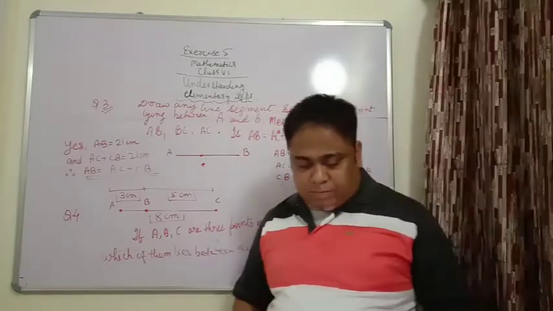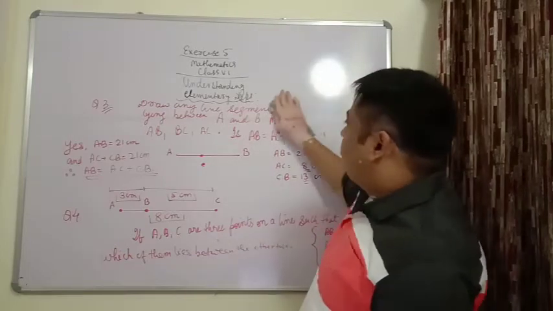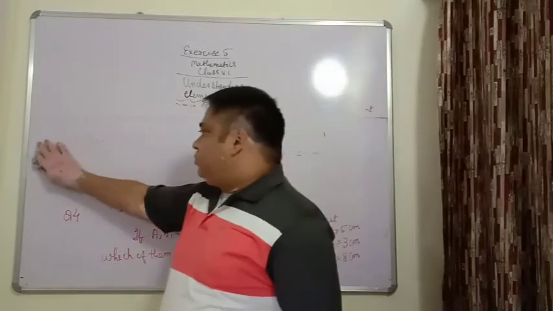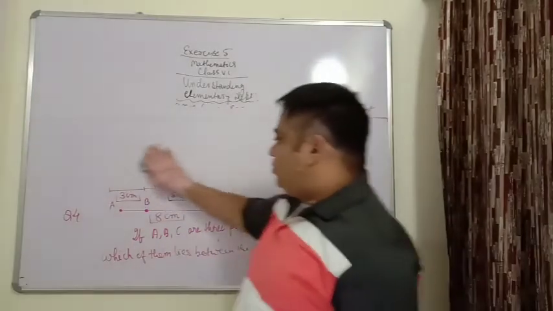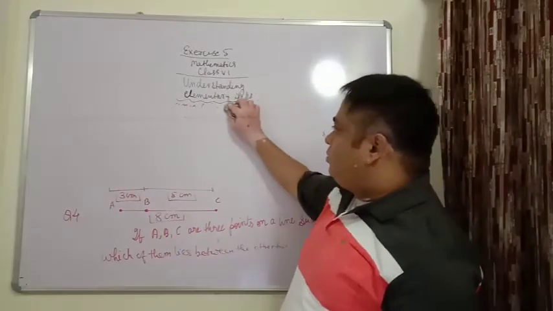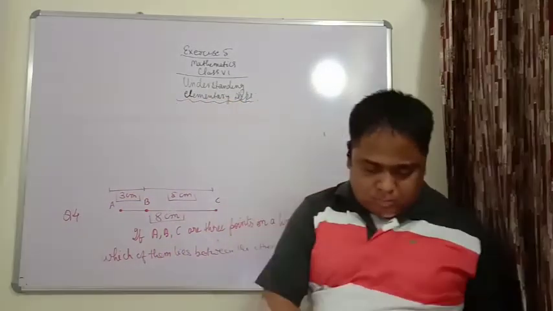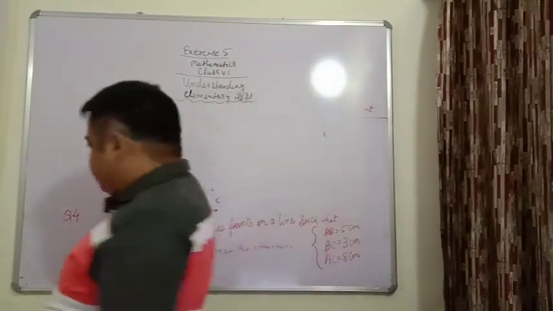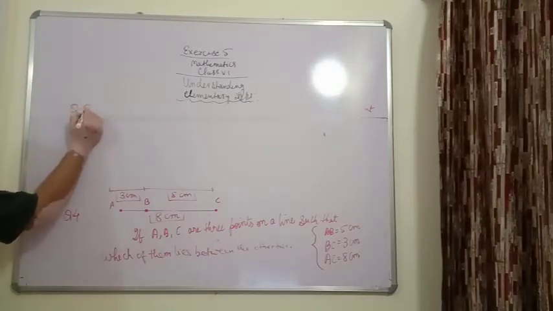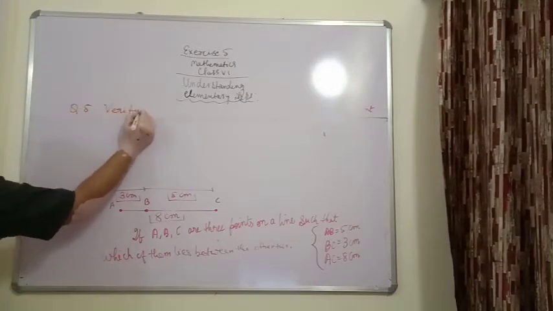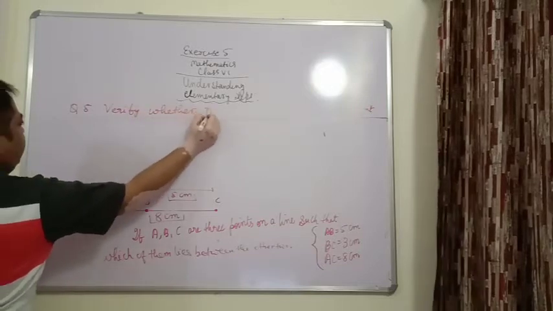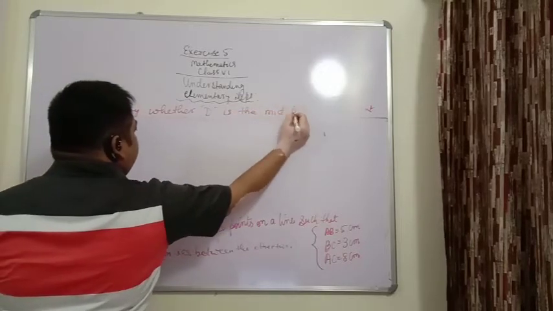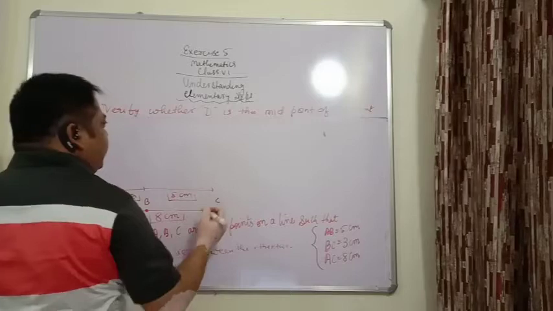Next is question number 5. Verify whether D is the midpoint of AG.